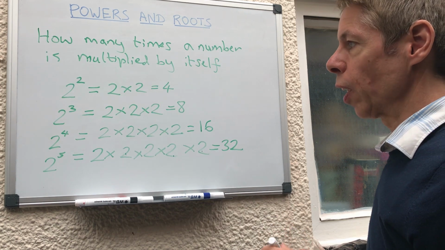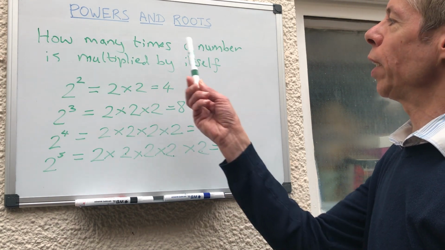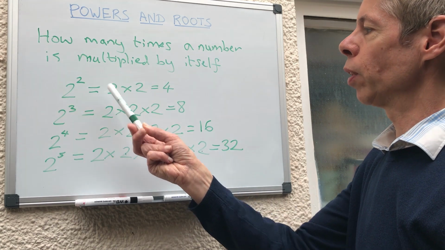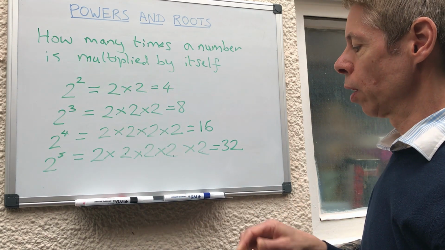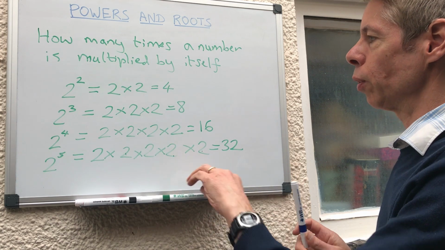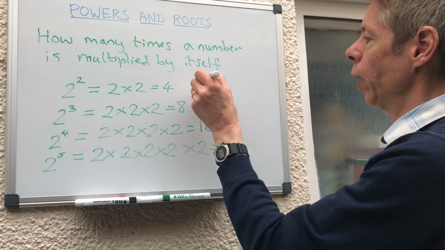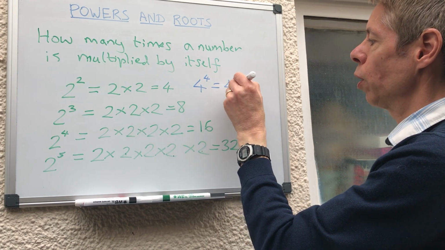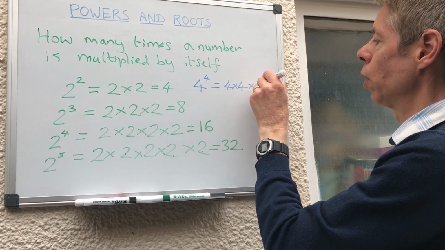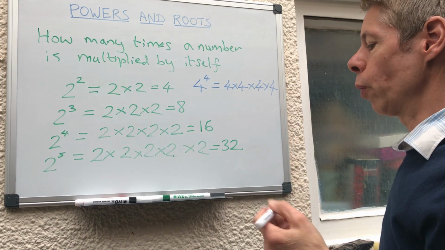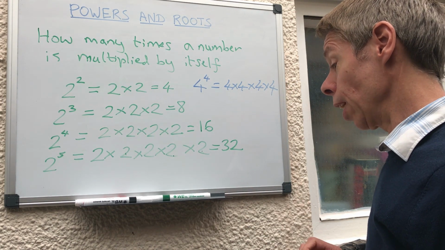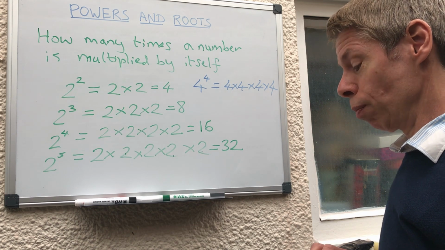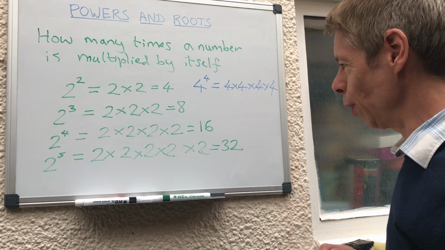So, the power is how many times a number is multiplied by itself. So, 2 to the power 2 is 2 times 2. So, without even needing to work these out, we could say 4 to the power 4 would be 4 times 4 times 4 times 4. We're not going to worry about the fact that that is 256, I believe.